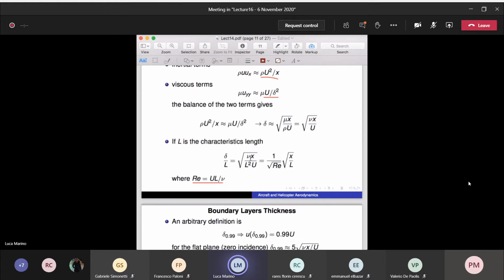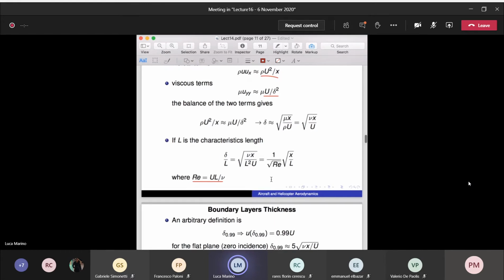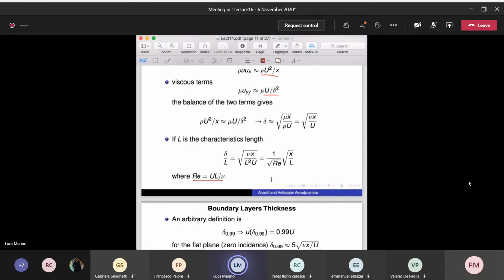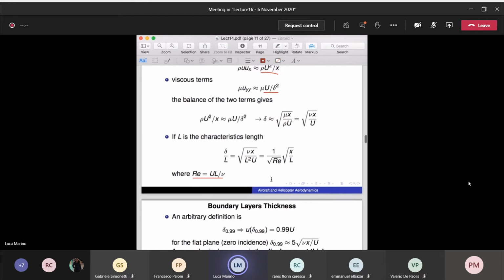I want to mention here, but I will come back to this observation, that sometimes if you have a strong change, a very fast change in the x direction, from a theoretical point of view, in that region where some quantity is going to change very quickly as a function of the x coordinate, you cannot apply the boundary layer.